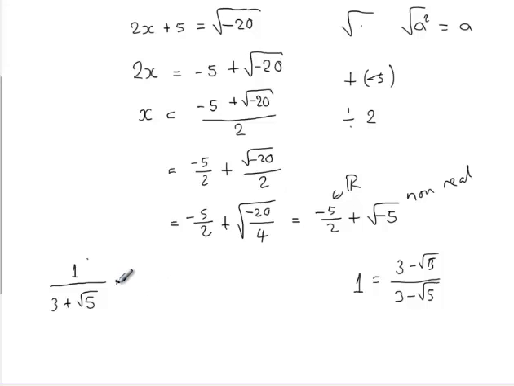Then we wrote this thing as equals to 1 over 3 plus the square root of 5 multiplied by that 1 written in terms of the conjugate.